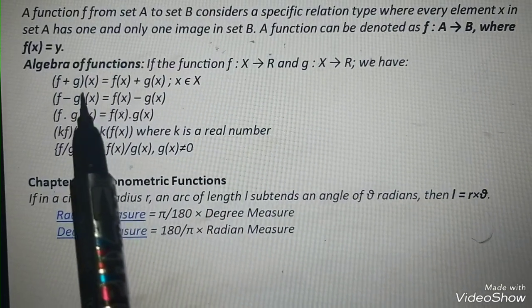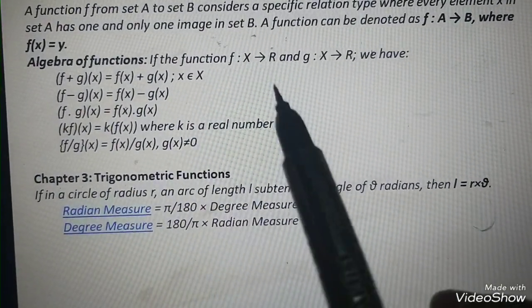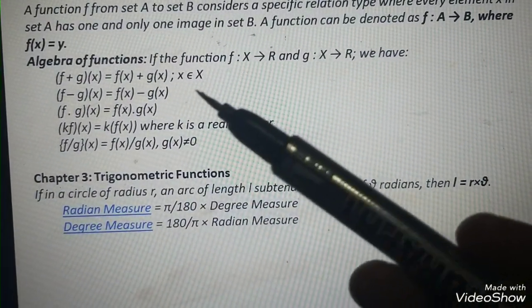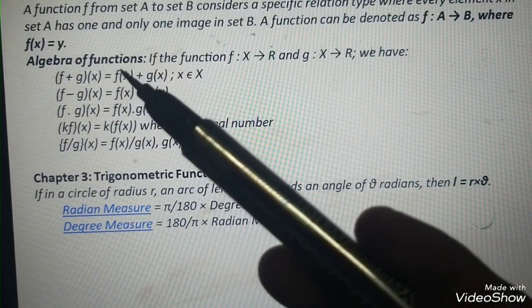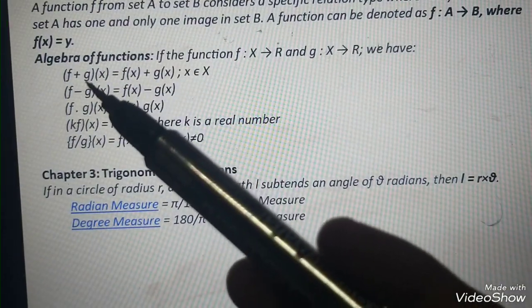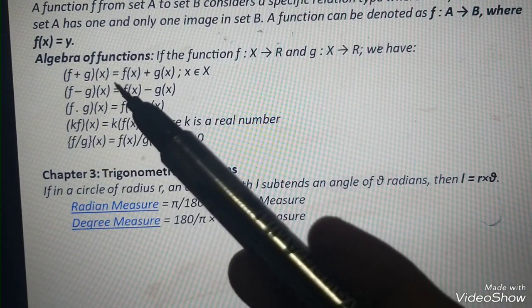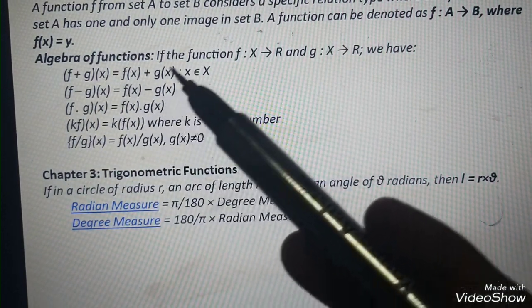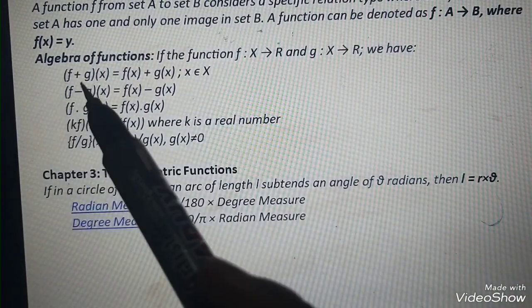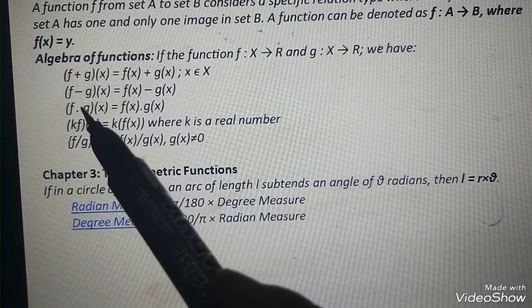We have some important formulas in functions, that is f plus g of x is equal to f of x plus g of x. F minus g of x means f of x minus g of x. This is addition, subtraction and product.